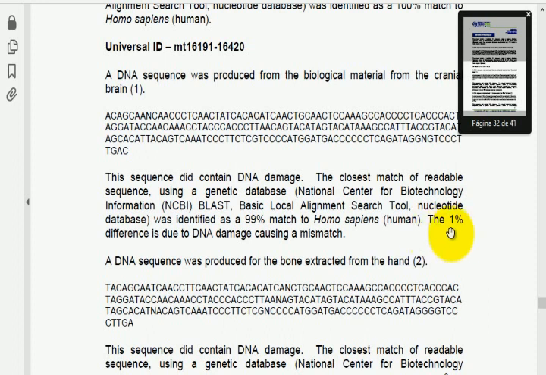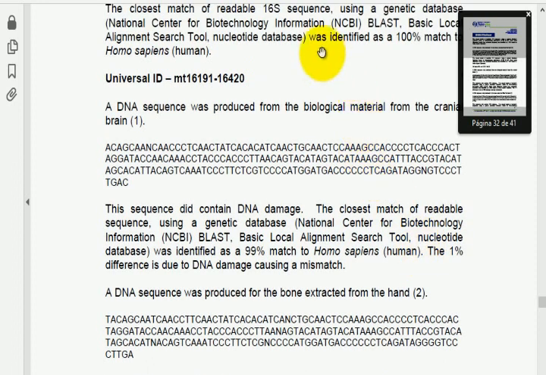The 1% difference is due to DNA damage causing a mismatch. It means that the 1% is not related to mouse, is not related to horse, is not related to any alien.